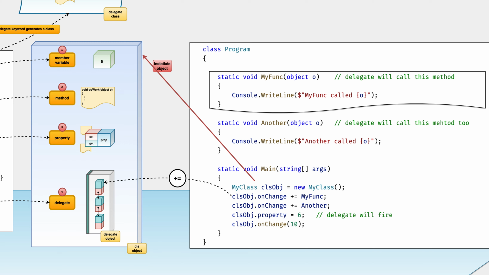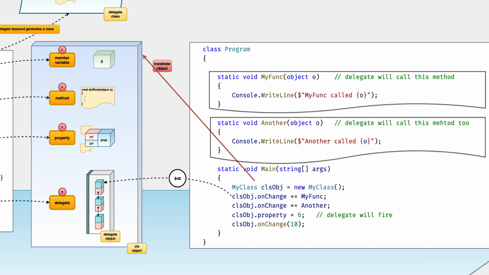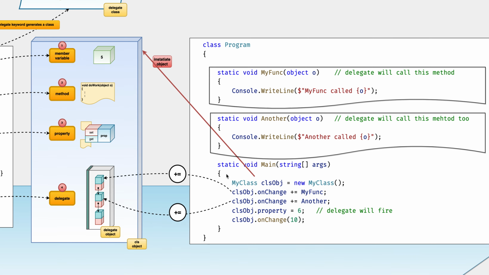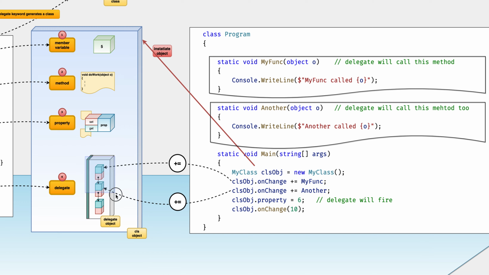We can go ahead and add more. So we take another function and we add this function also to the delegate. So now the delegate holds two nodes, one which points to MyFunction and the second one which points to a function called Another. Now we are all set.